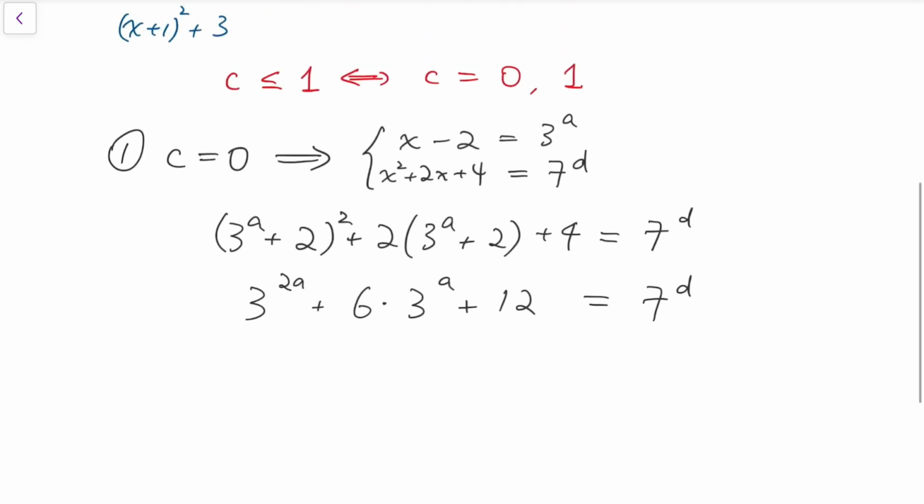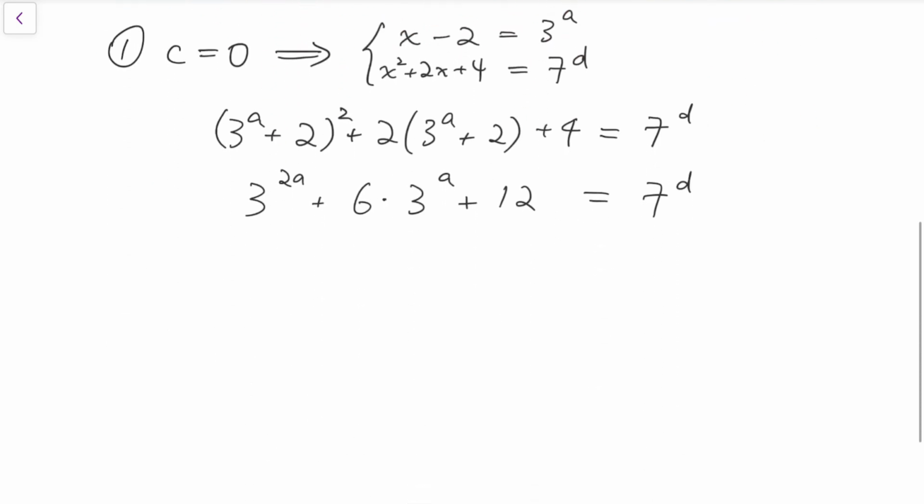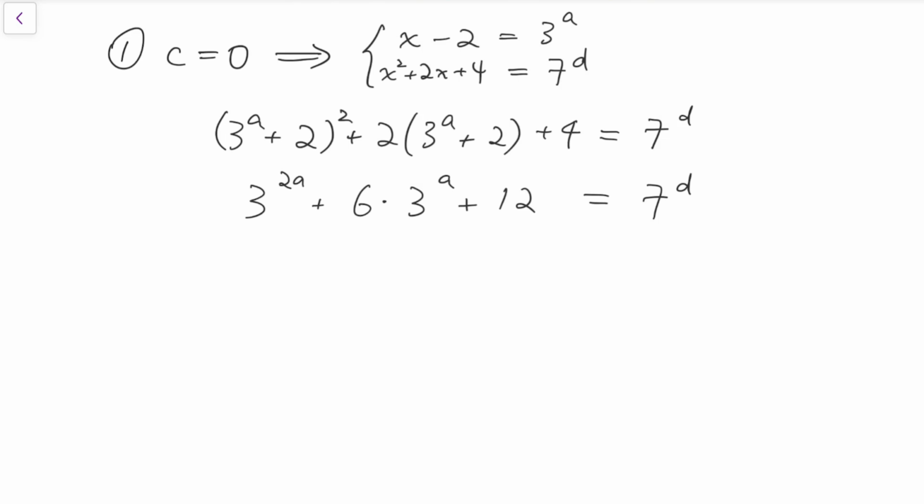Now, notice that from the system above, we have a plus c equal to y and b plus d equal to z. So in the first case, a has to be equal to y, which means it has to be positive, so we can take mod on each term safely. Now I can take mod 6 on both sides.